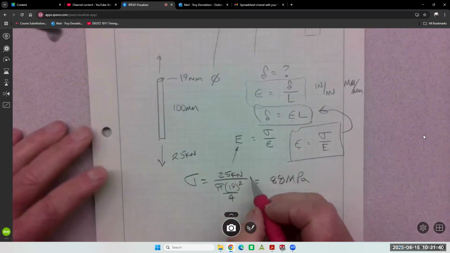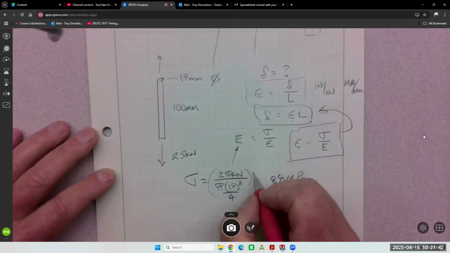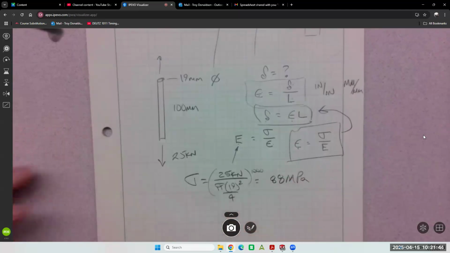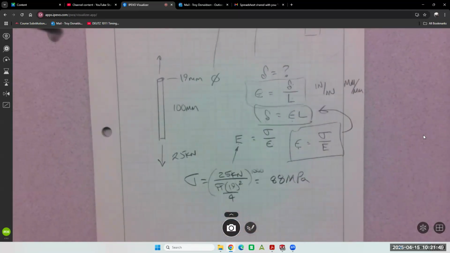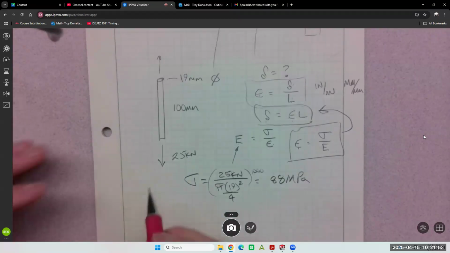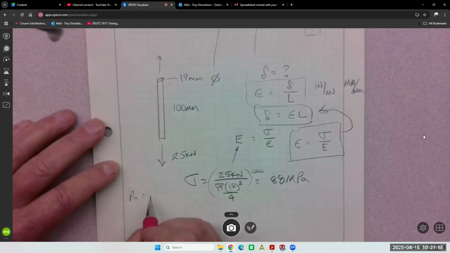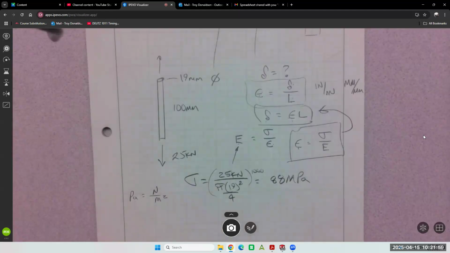This unit actually needed a factor of 1,000 to get it to the correct number. Because remember, a Pa is a Newton per meter squared.